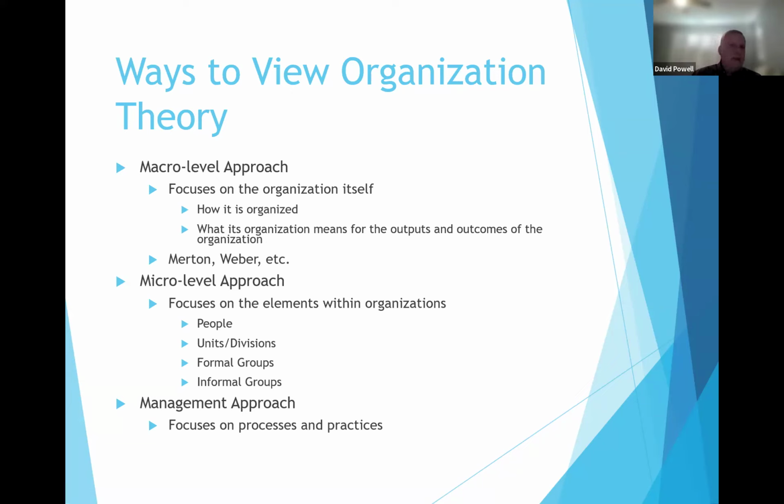Then in the 1960s and 70s, we started to develop more of what was called a behavioralist approach. In the behavioralist approach, we started focusing on individuals within those organizations. So instead of studying Congress as an institution, we studied individual members of Congress. A lot of authors started writing books and articles about the motivations of members of Congress when they vote.